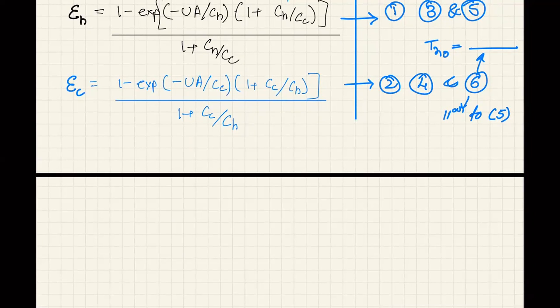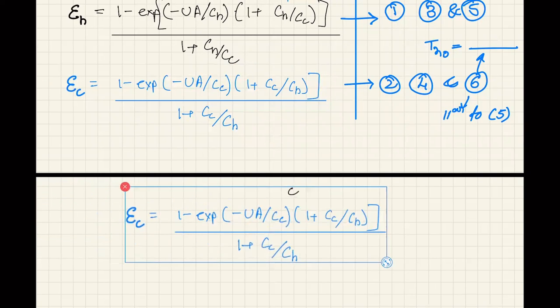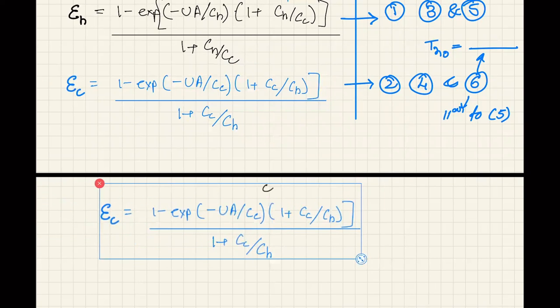So this was when Ch was Cmin, epsilon C means when Cmin was Cc. So I can now generalize this particular term. This is the particular expression coming over here.